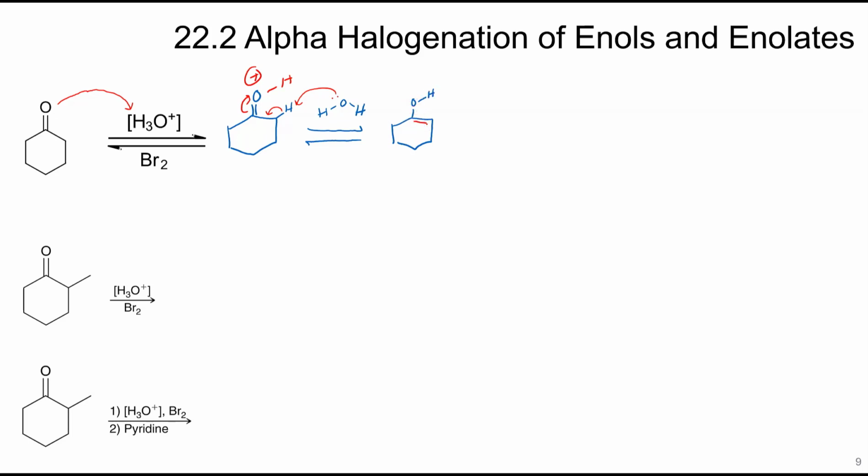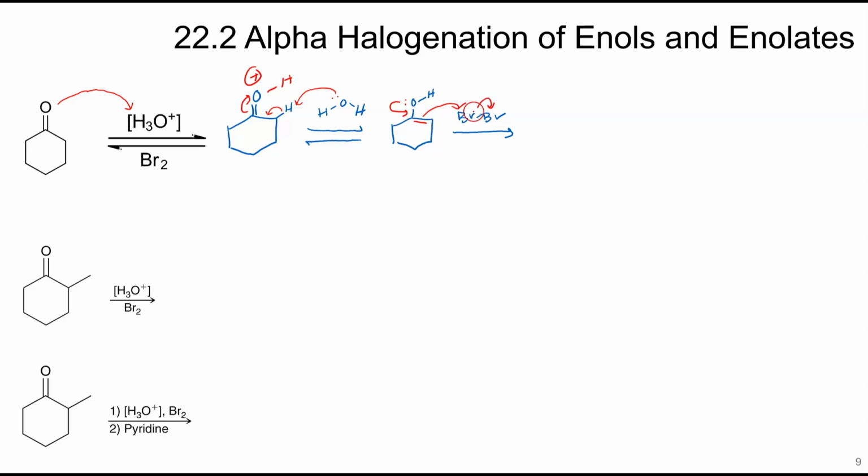Once we have the enol, the lone pair from the oxygen can come down to reform that double bond, and these electrons can attack one of these bromines. Once the enol is formed, the electrons from the oxygen can come down to reform the double bond, which makes 5 bonds here. So this electron pair is going to do a nucleophilic attack on the bromine.